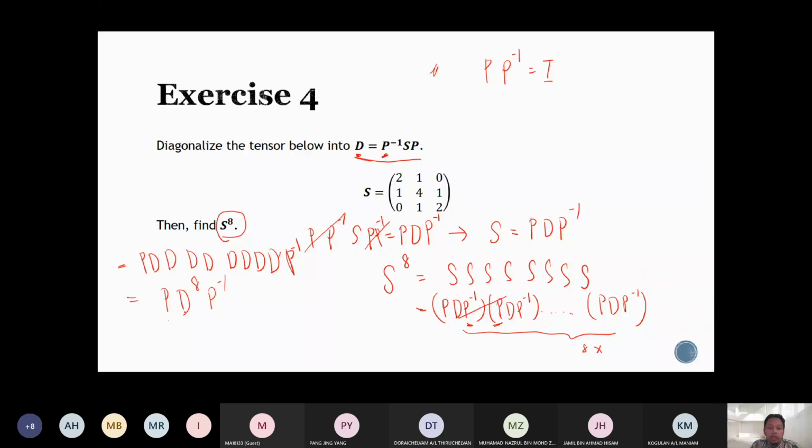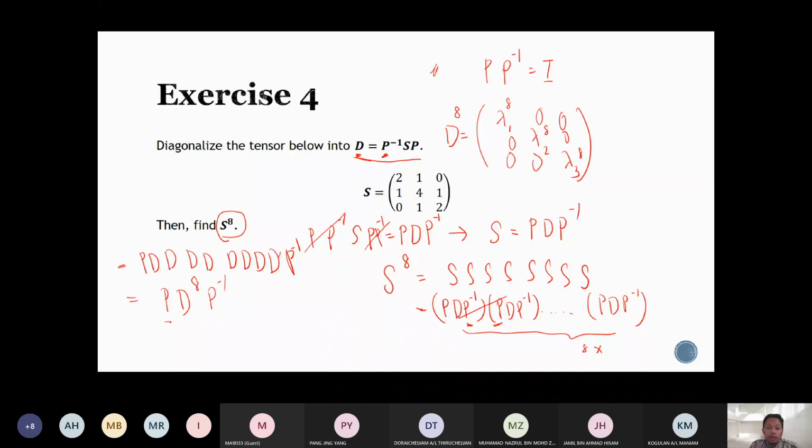D is already a diagonal matrix. So let's say you have lambda 1, lambda 2, lambda 3 for matrix D. If you want to find D to the power of 8, simply take the power of 8 of each of the lambdas. You don't need to do matrix multiplication one by one.